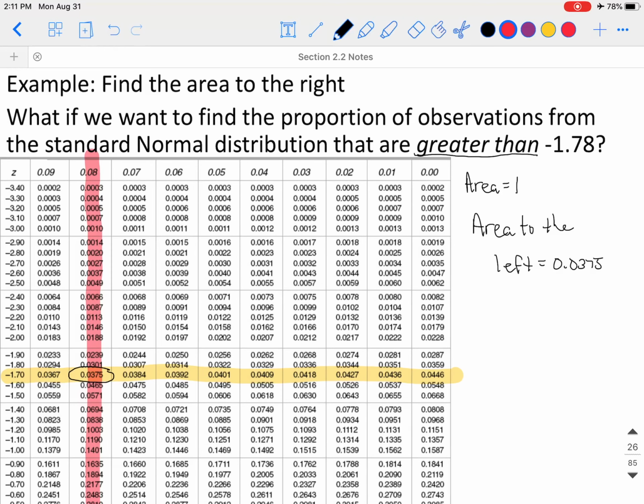To find the area to the right, you're going to take the whole thing, which is 1, and subtract what is on the left. And if we do that, we are going to get 0.9625, or approximately 96.25% of the data in that distribution will be to the right or greater than a z-value of negative 1.78.